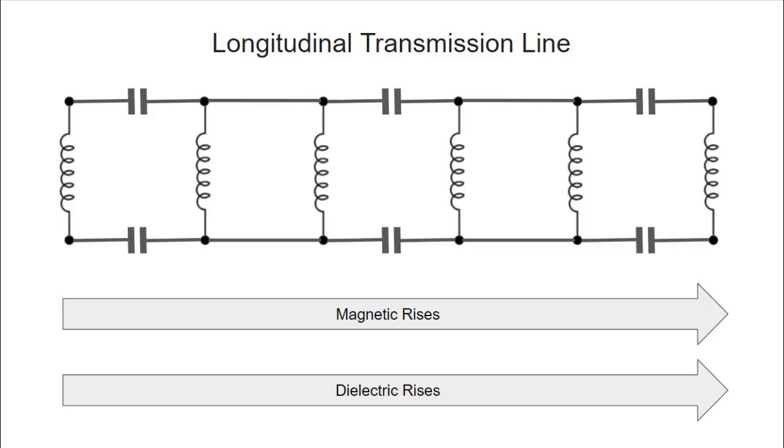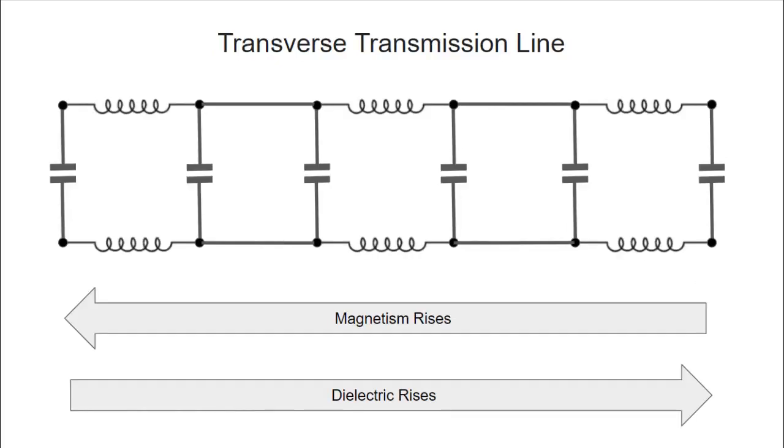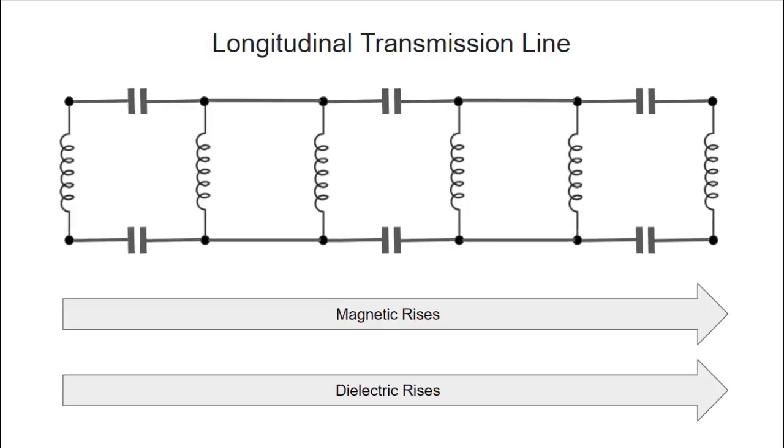So in contrast to the transverse transmission line, where the dielectric rises towards the load and the magnetic declines towards the load, and that's the terminology he's using, it turns out that both the magnetic and the dielectric increase towards the load. And so I just wanted to make that perfectly clear because I think it's important to be accurate when I'm making these videos.